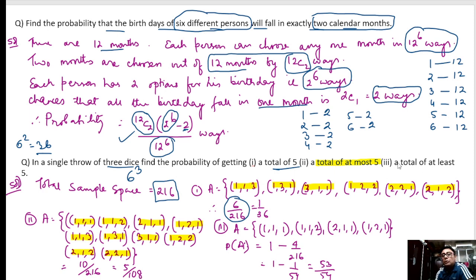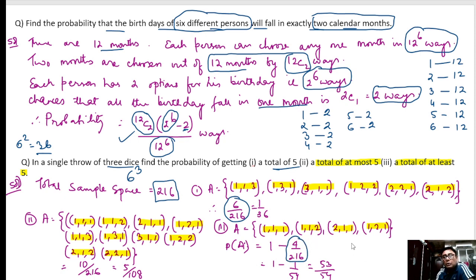Next, they are asking for a total of at least 5. At least it should be 5. So at least 5 means you can have a minimum of 3, or 4, 4, 4. Okay. So these are the options in which you have less than 5. So how many are there which are less than 5? 4. But I need at least 5.